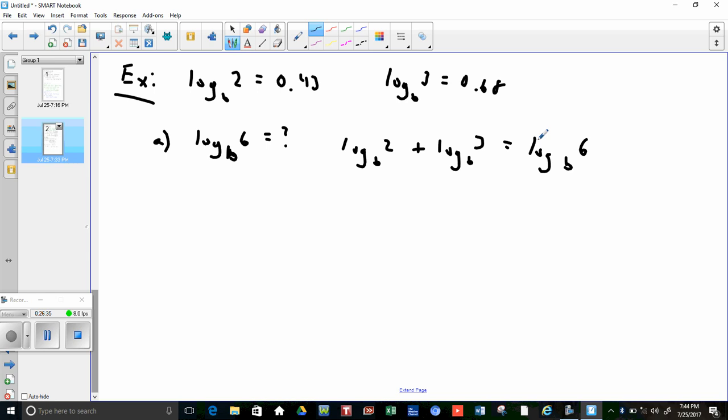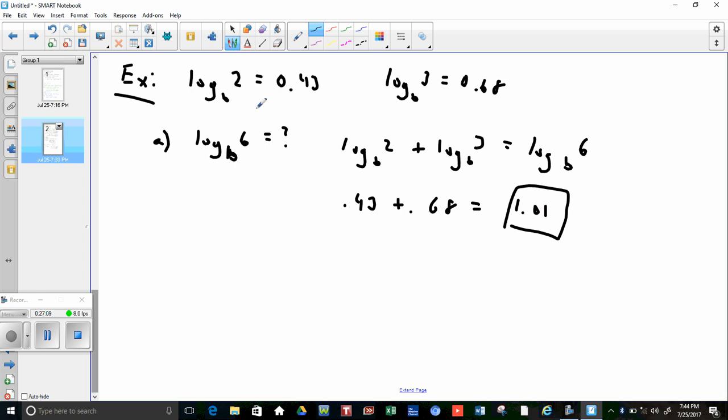Well, that's what we're looking for. We're looking for the log of 6 base b. So what that says is the log of 6 base b is taking these two logs and adding them together. Well, I know what these logs are. It's 0.43 plus 0.68. Adding those two things together, you get 1.01. So the log of 6 base b is 1.01.